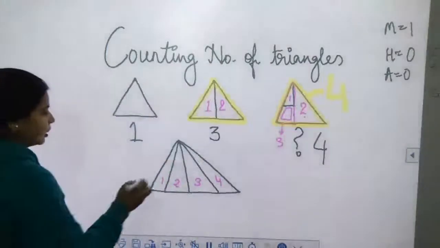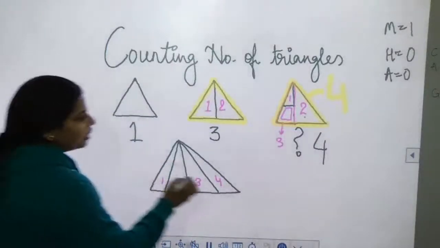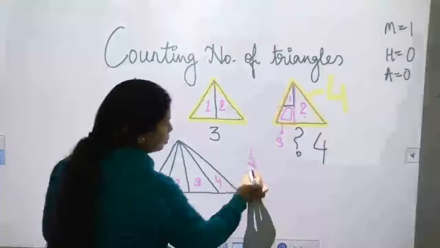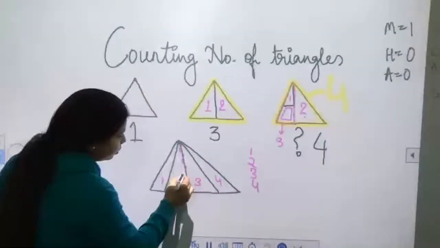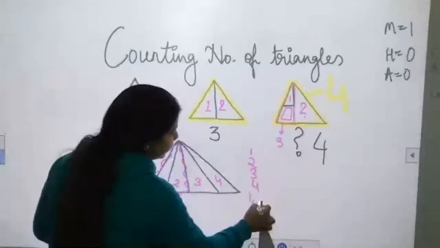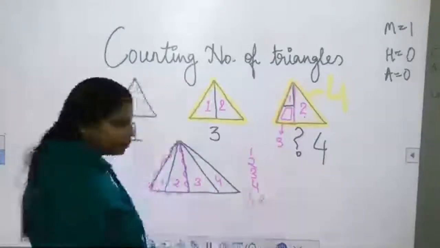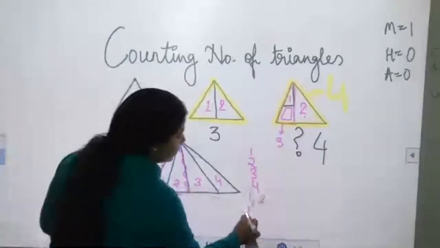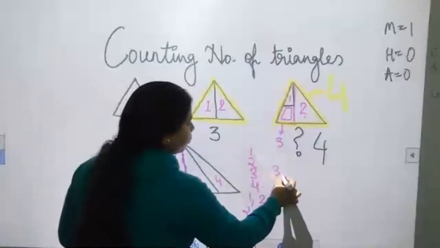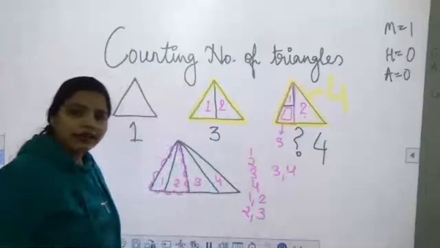Now see, we'll write it. First triangle 1, then this also forms a triangle: the pair of 1 and 2. Then the pair of 2 and 3 will also form a triangle, and the pair of 3 and 4 will also form a triangle.